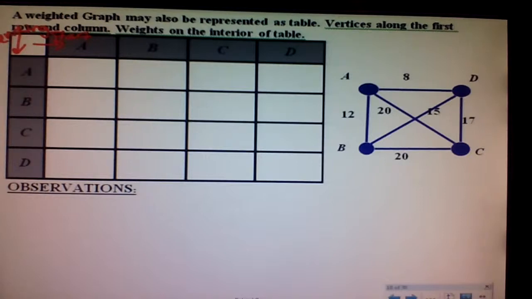What would I do to fill in this first block if they want me to start at A and end at A? Do we have an edge that goes from A to A? No. There's no loop. So A to A is non-existent.